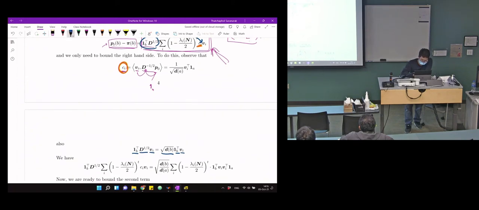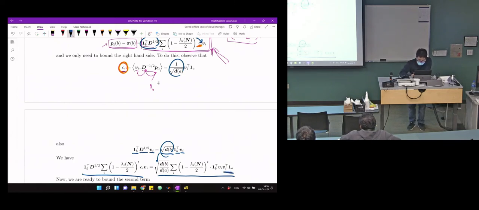So this whole thing you can write down as this thing. So the scalar here becomes this thing, and this is C_i, and this thing is just this term times this.